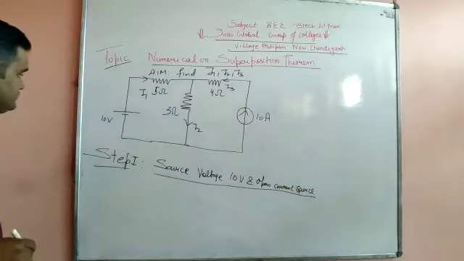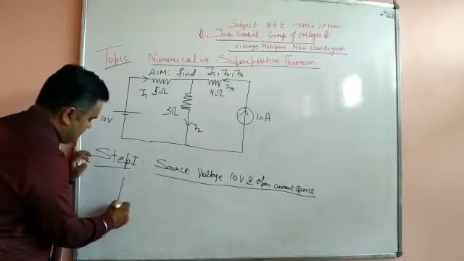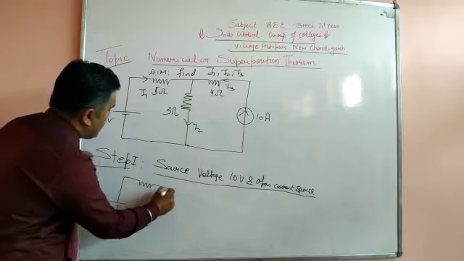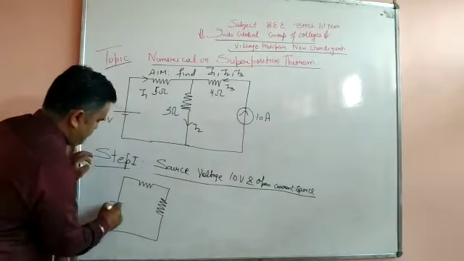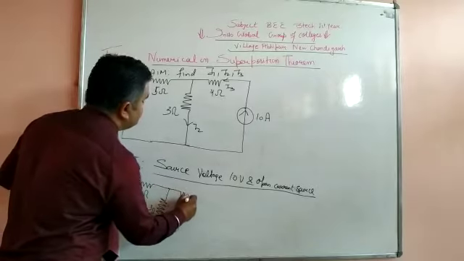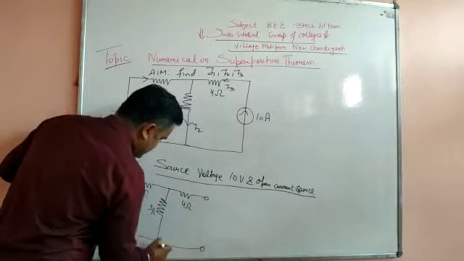Now I am taking the voltage source. This is 5 ohm, 3 ohm, and this is 4 ohm. Now you have open circuited the current source.